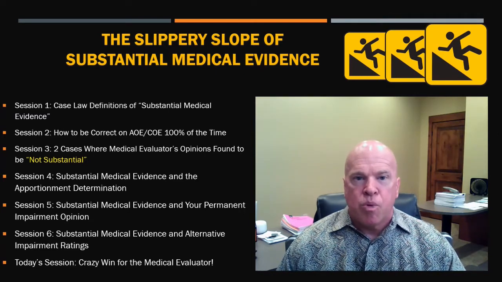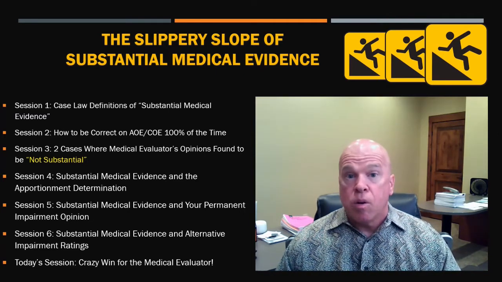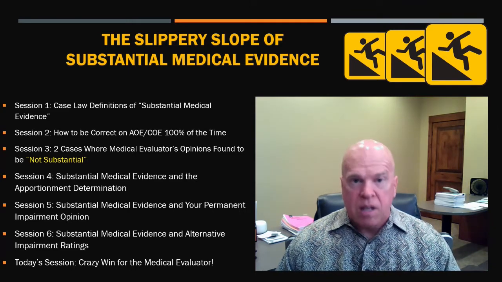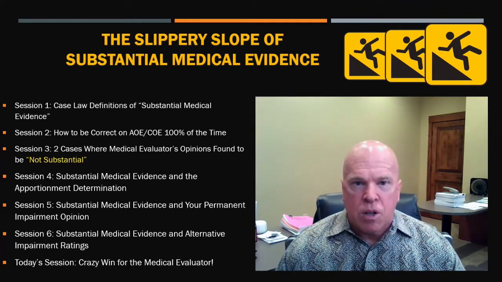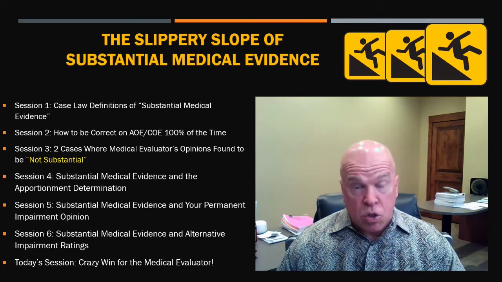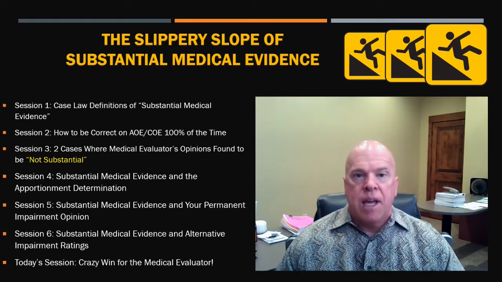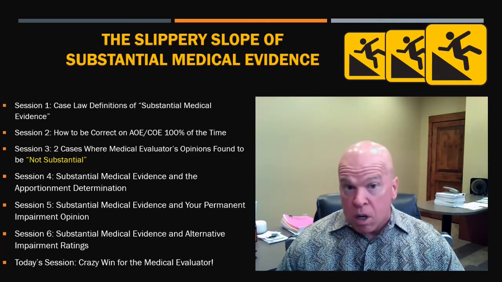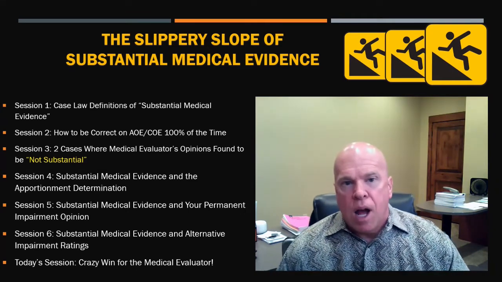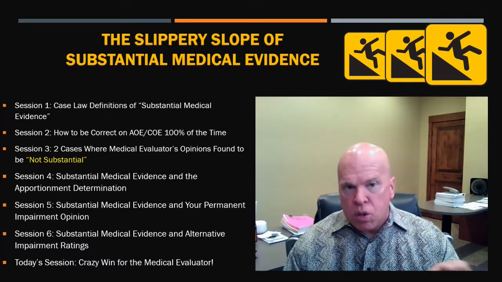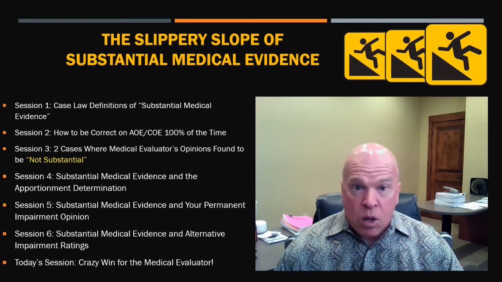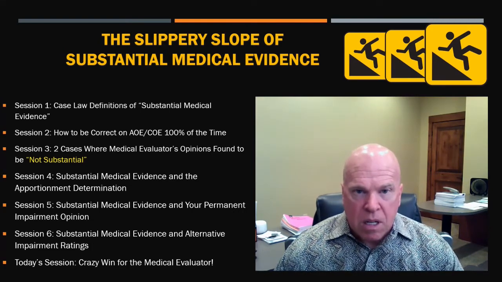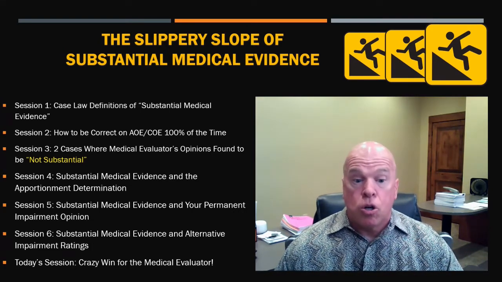And we started to break down how to qualify your opinion and conclusion on permanent impairment based upon whether or not that opinion or conclusion comes from the strict application of the AMA guides, or whether your permanent impairment opinion comes from an alternative impairment rating under Almaraz and Guzman. And they both have different languages that they employ in qualifying those opinions and conclusions as substantial.